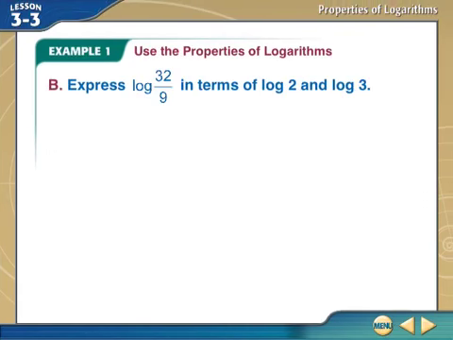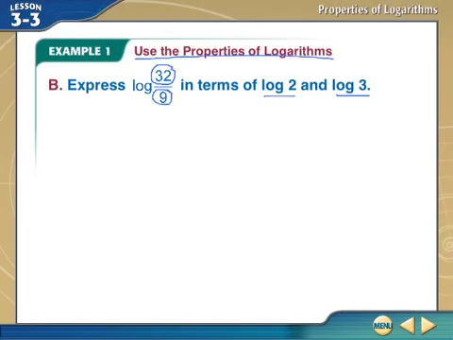In example 1, part B, we're using the properties of logarithms that we discussed previously, the product, quotient, and power property. In this example, we're asked to express log of 32 divided by 9 in terms of log 2 and log 3. So somehow, I have to rewrite 32 either in base 2 or base 3, and same thing with 9.